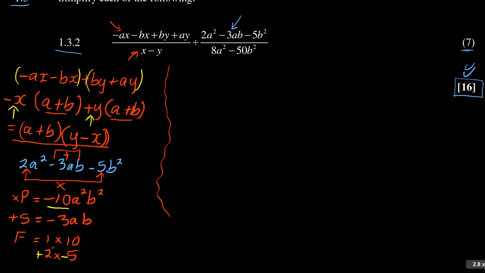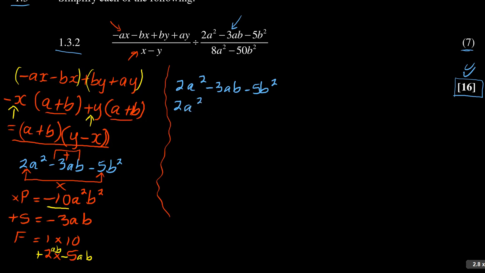Remember, we are dealing with ab, so in this case, you just put here your ab and you put here your ab. That's how you go about it. If you continue working on that one, we are then going to have 2a squared minus 3ab minus 5b squared, which then becomes 2a squared.